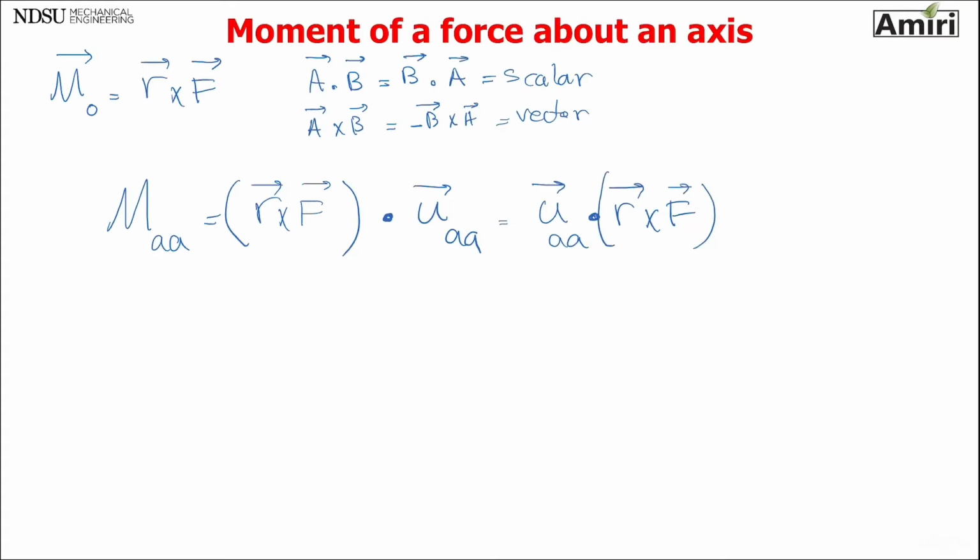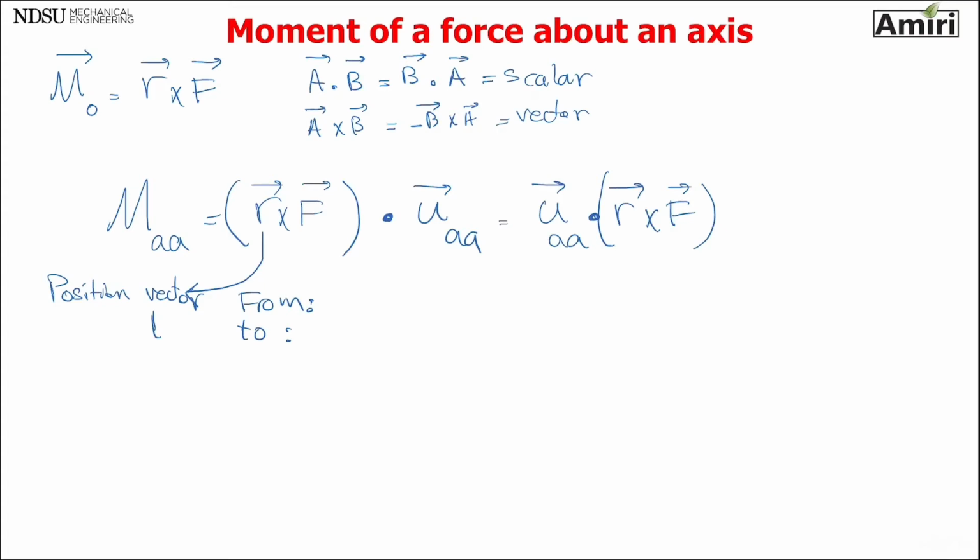Okay, so let's see what these mean. The position vector is from somewhere to somewhere.